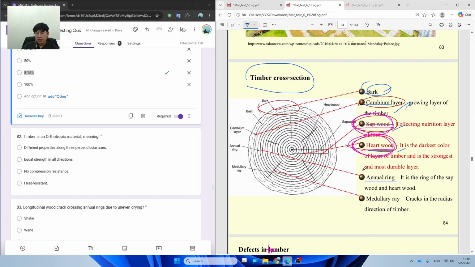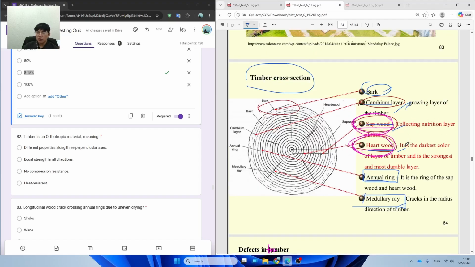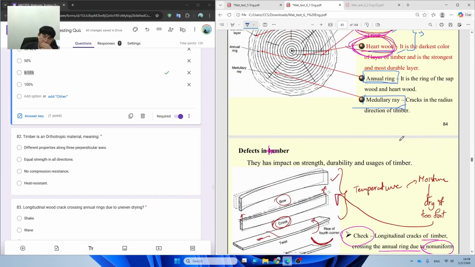Annual rings are what we use to indicate the age of the timbers or the trees, and we have the medullary ray here. But in the structural field, we consider only sapwood and hardwood, which are the parts that we use as the main layer for structural material.